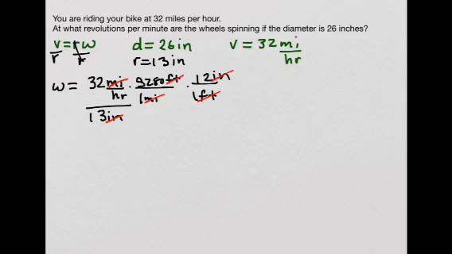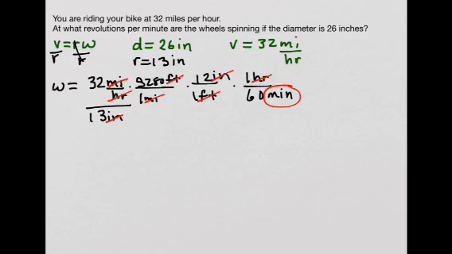Now I have to convert hours to, we call it to minutes. So 1 hour, 60 minutes. So I can cancel hour, hour. So the only unit I have is blank divided by minutes. Okay? So that's omega. It's actually radians divided by minutes.